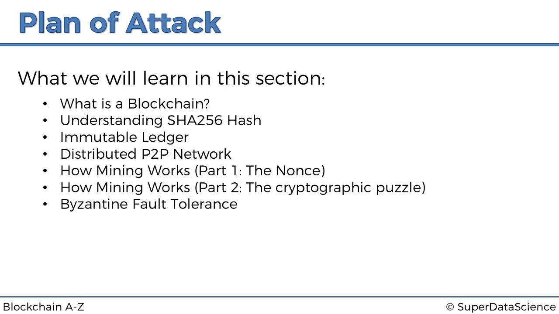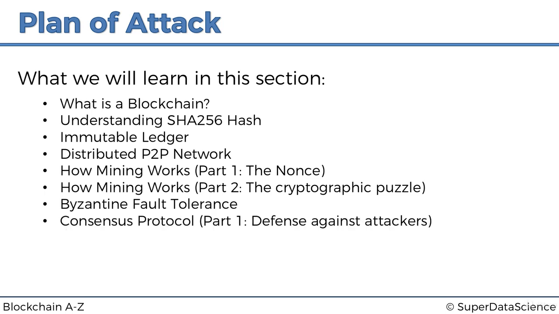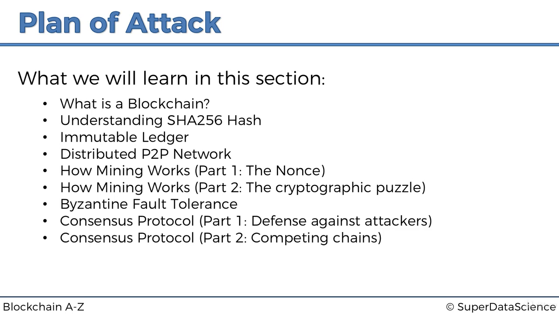And that will be a great segue for us to go into the consensus protocol. Once again, a two-part saga. We're going to start off by understanding how the consensus protocol helps blockchains protect themselves against attackers, and we'll talk about how the consensus protocol deals with competing chains in blockchain, and why blockchains are able to evolve even though they're distributed across the globe, where there might be inefficiencies in terms of time lagging between different nodes.